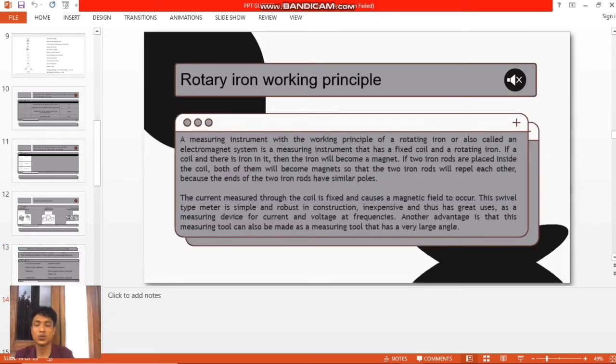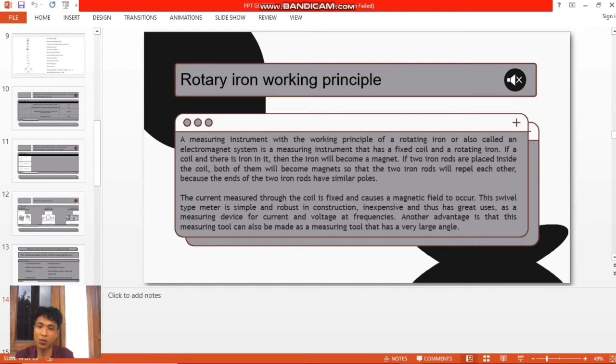Rotary iron working display. The measuring instrument with the working display of a rotating iron, also called an electromagnet system, is a measuring instrument that has a fixed coil and rotating iron. There is a coil and there is iron in it.